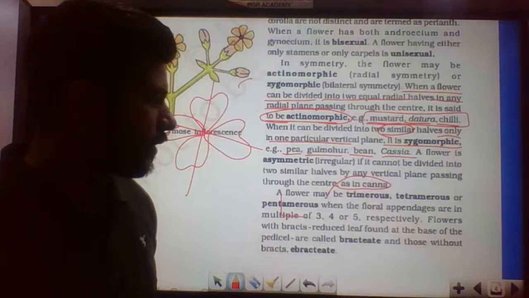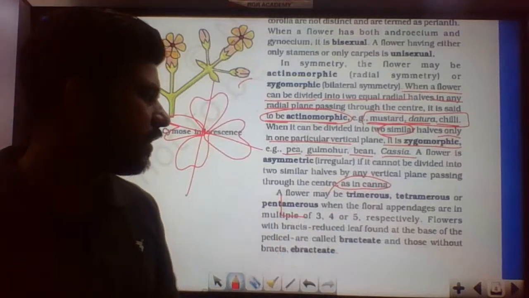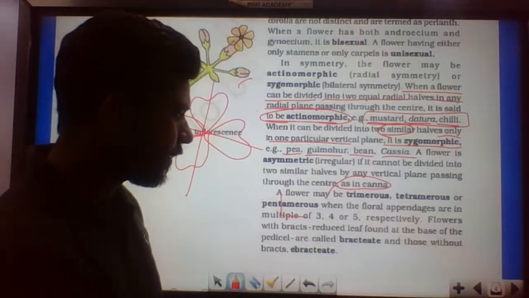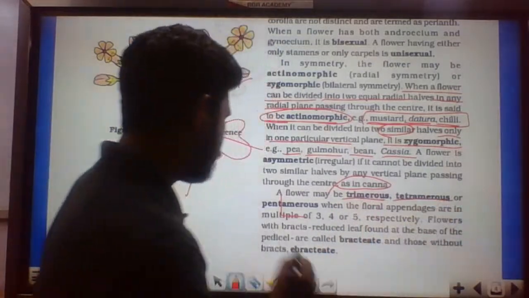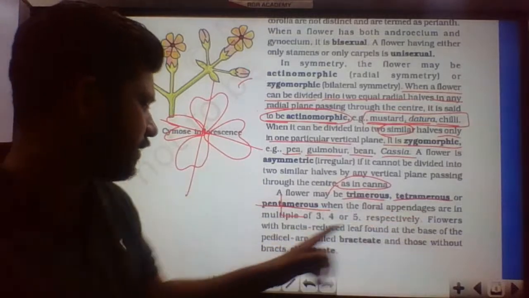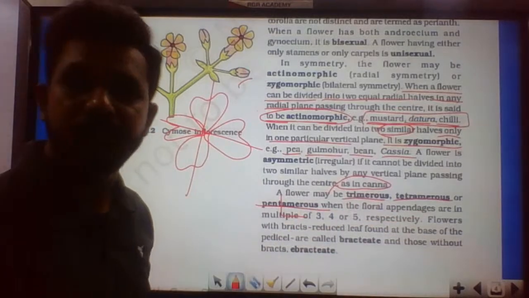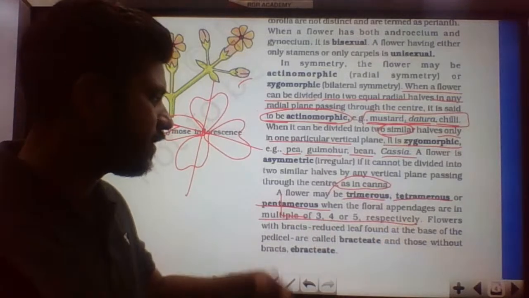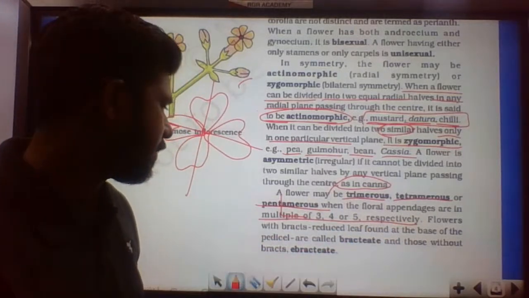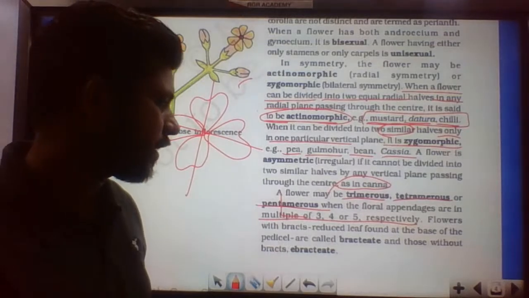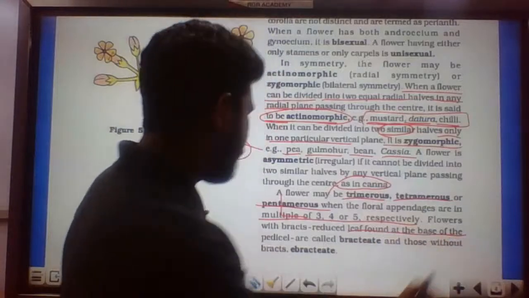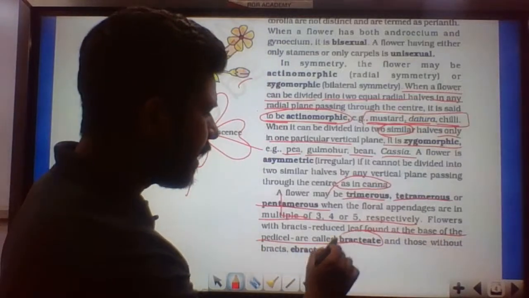Okay, so the next one is based on the floral appendages. Different types of flowers are trimerous, tetramerous and pentamerous. When the floral appendages are in multiples of 3, 4, 5, the flowers may be trimerous, tetramerous or pentamerous, depending on the floral appendages. Okay, so flowers with bracts, reduced leaves found at the base of the pedicel, are called bracteate.